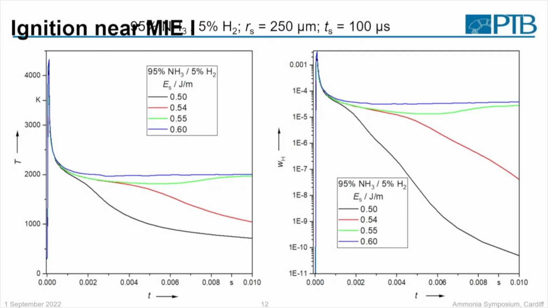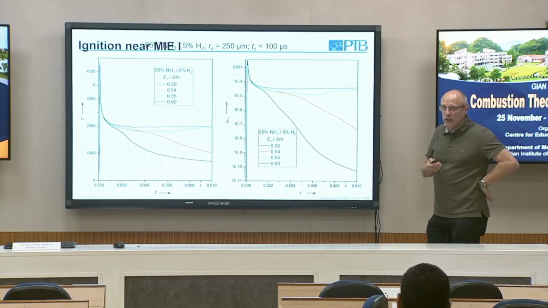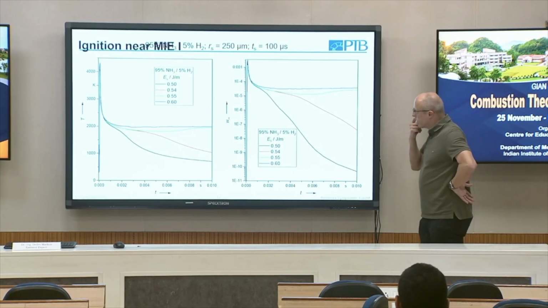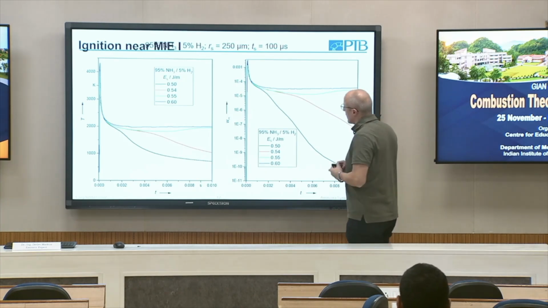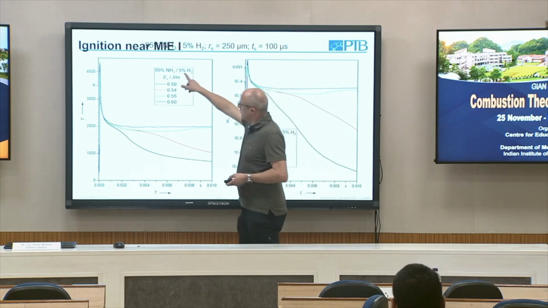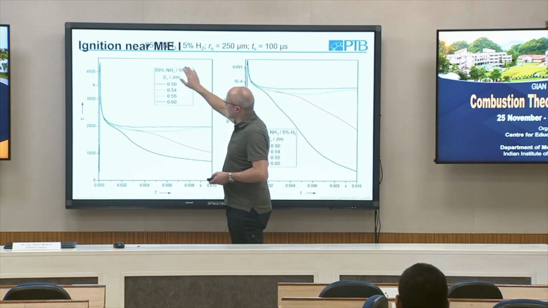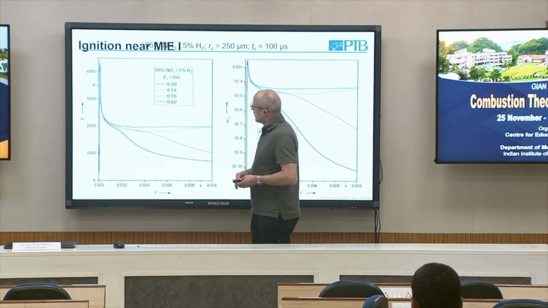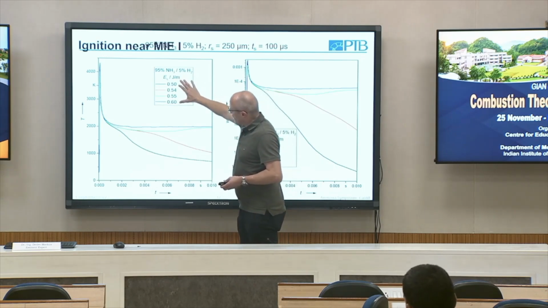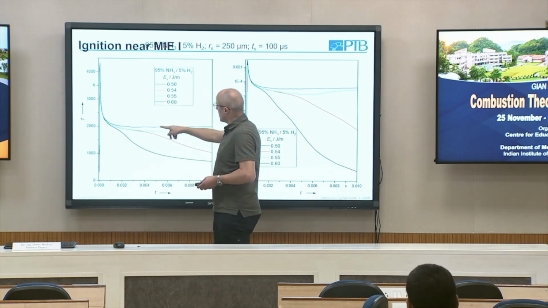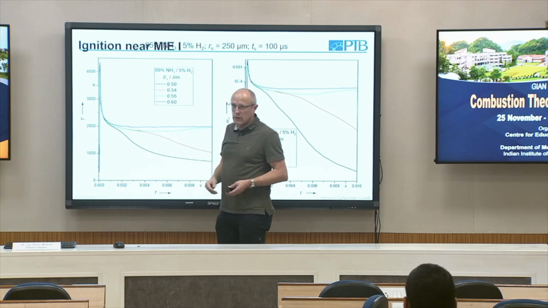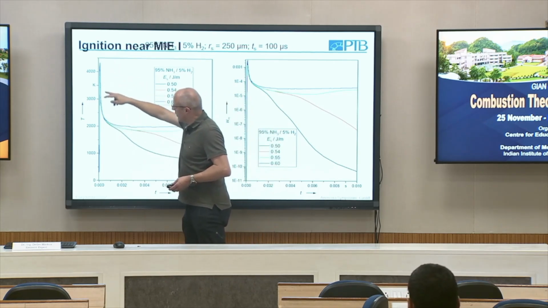So what is the big difference? We have seen we have a much longer ignition delay time for the ammonia for this configuration. And so here we have again a very rich ammonia mixture, 95% and only 5% hydrogen. And we vary the energy here, so 0.6 joule per meter, clearly just fast ignition.